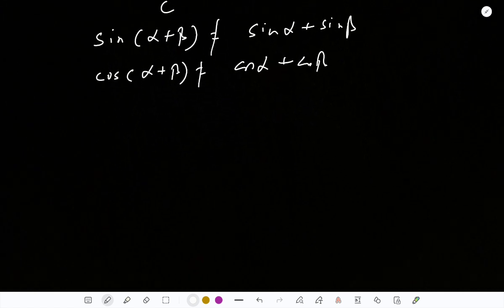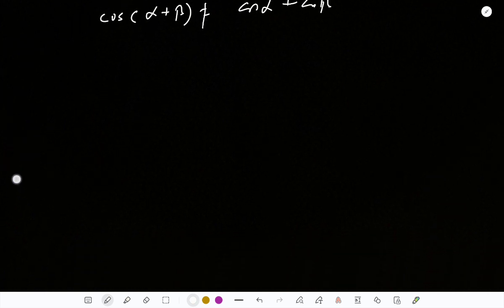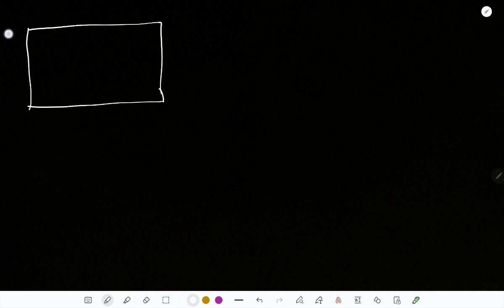And to get the values of sine alpha plus beta and cos alpha plus beta, I'm suggesting you do some geometry. You can draw a rectangle first. Name its corners A, B, C and D, and then draw a right angle triangle inside this rectangle.